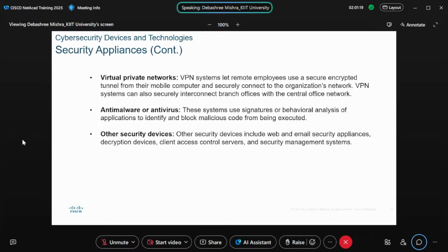In that one come the websites or browsers that you are using, the email security applications, the devices that are decrypted, and the client access controls, meaning other devices other than your router, switch, VPN, or antivirus and all these things. This is what is known as security management systems.